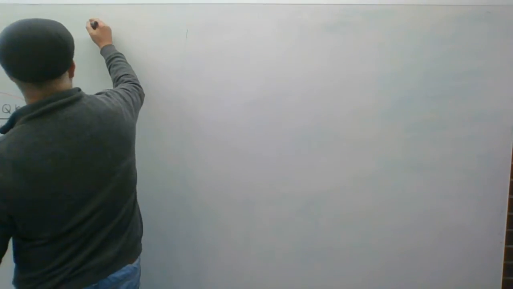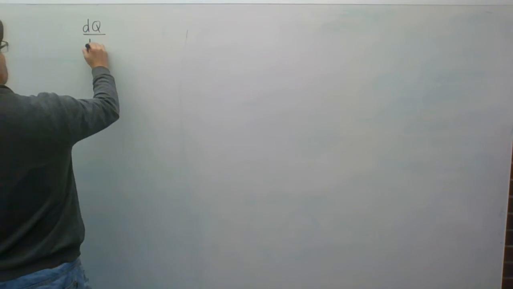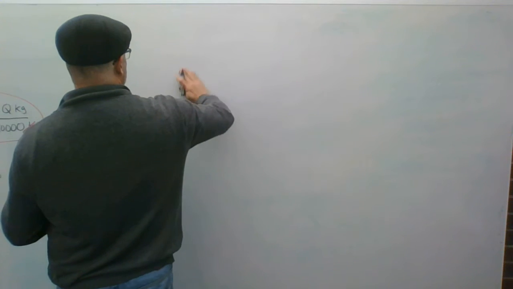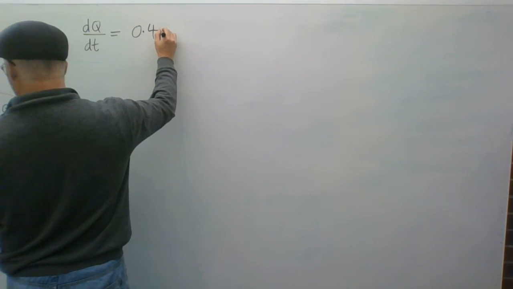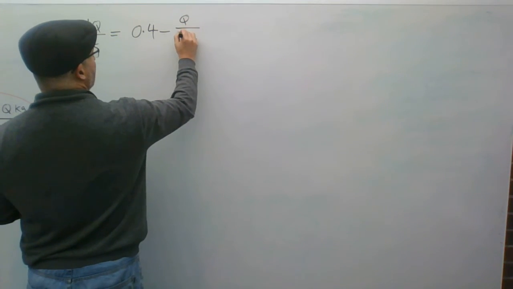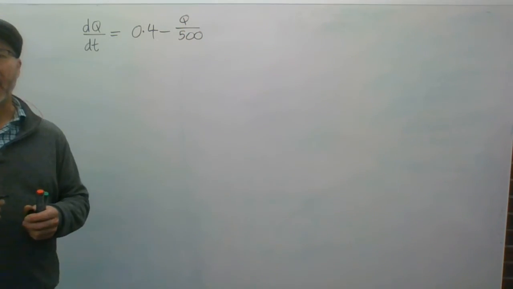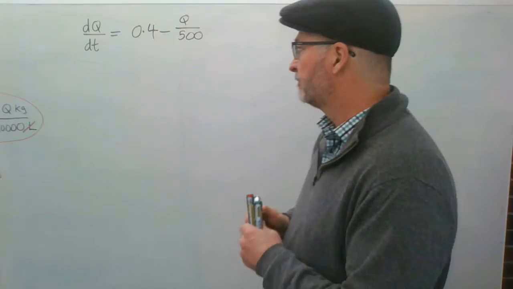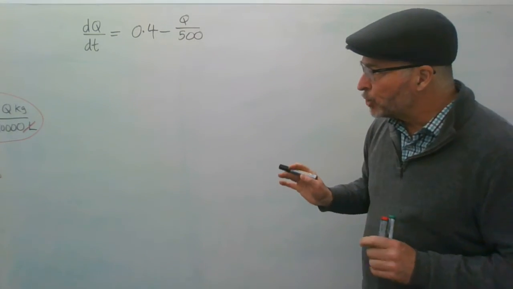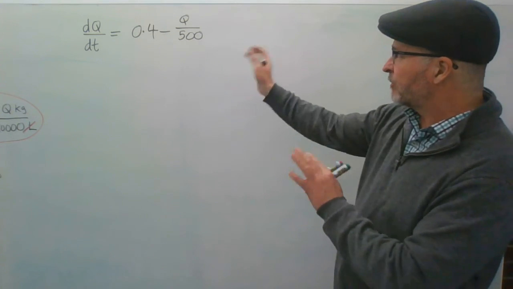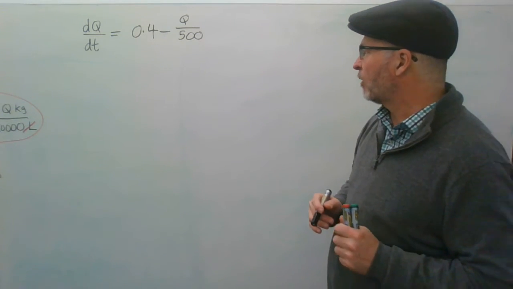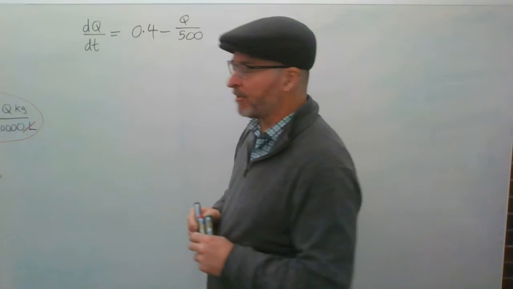So we had dQ/dt equal to 0.4 minus Q on 500. And that's what we've been asked to solve. So what I'm going to do is factorize that out and get that 1 on 500 out the front.